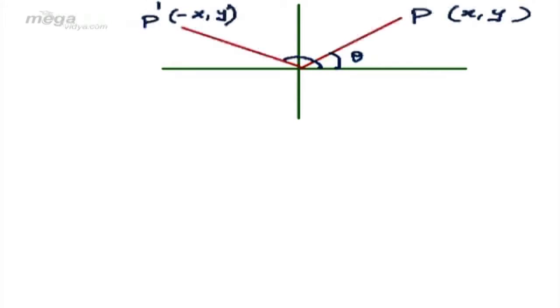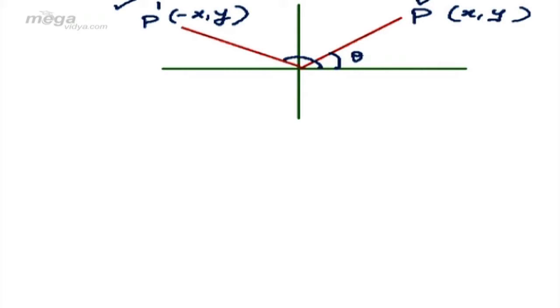Now let us come to the second quadrant. Now this point P is taken to a new position P dash.